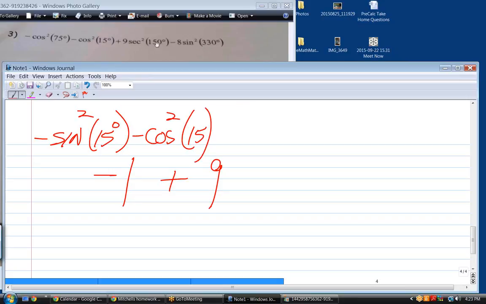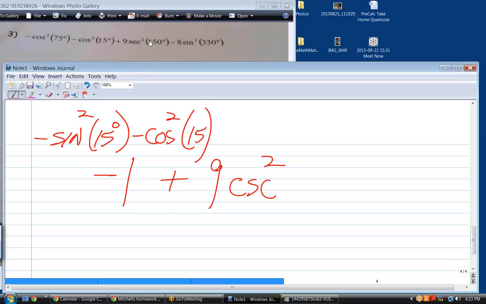So what do I have to write there in place of secant squared of 150? It would be cosecant squared of 30. Okay, hold on. Let's back up a moment. I took one step and didn't talk about it. Secant is the reciprocal of what?